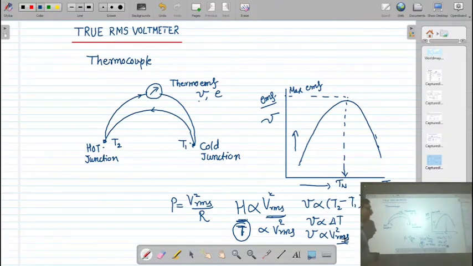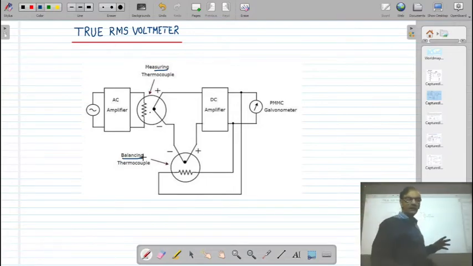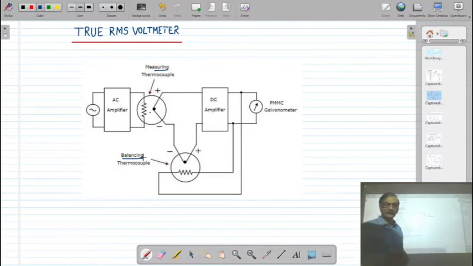Now let us see a block diagram of such a true RMS voltmeter. First of all, you can see we are using two thermocouples. This is known as the measuring thermocouple, and this one is known as the balancing thermocouple. I already mentioned why we have to use two thermocouples: because the thermocouple has a non-linear characteristic, and to cancel it out we have to use another thermocouple.